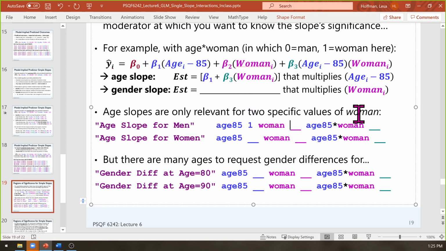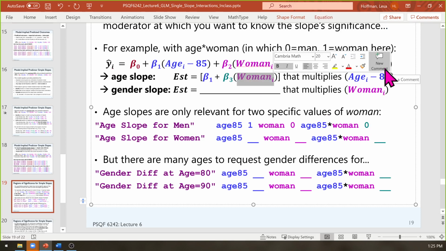This is a very common mistake, to want to put the value of the gender there. It doesn't go there. But it does go over here, because it's for a man, and given my coding scheme, 0 is men in this case. So it is this place for gender, the moderator, where we're giving a 0.